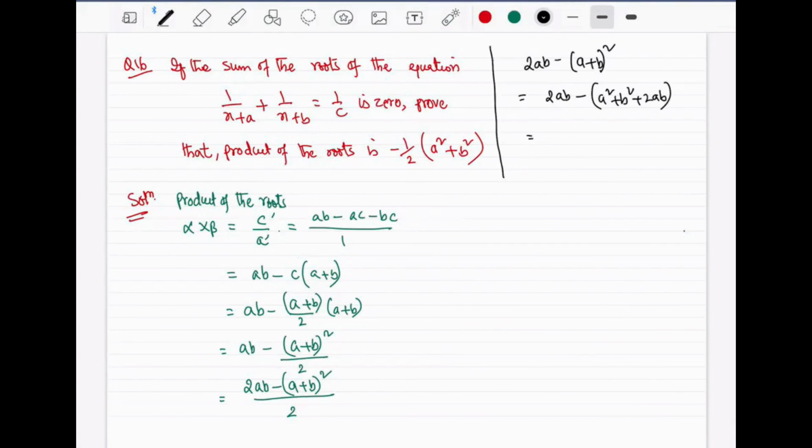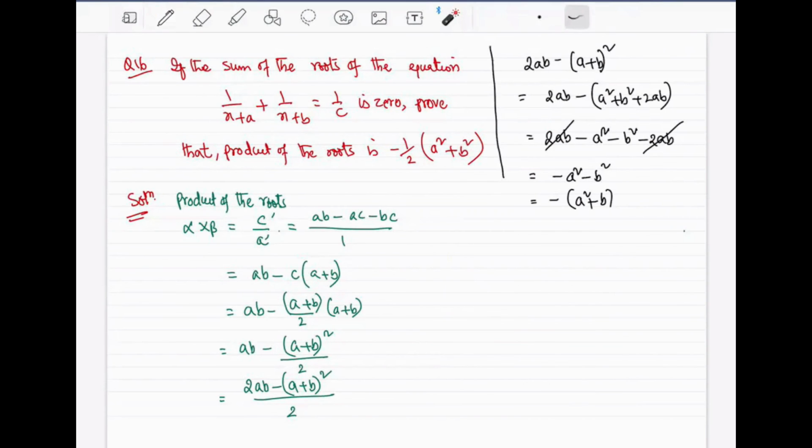So when you open this, what we are going to get is twice AB minus A square minus B square minus twice AB. These two can be cancelled out, right? So the remaining term is minus A square minus B square. If I take minus common factor in front, it is minus A square plus B square.